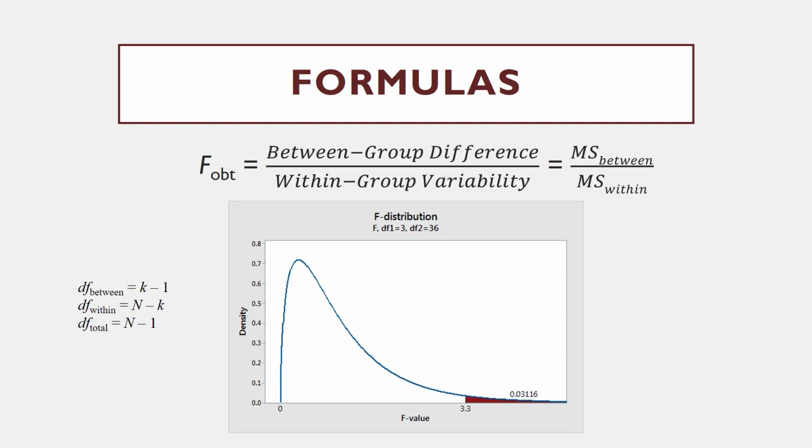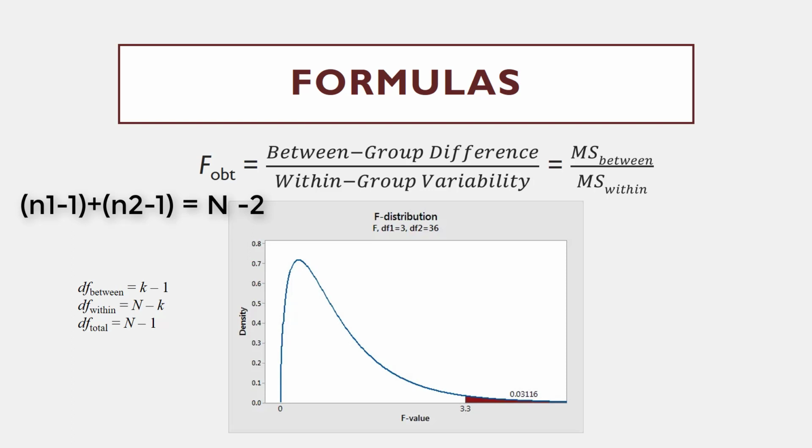Now these formulas are consistent with what we've seen before. Whenever we were doing the independent samples t-test, it was n1 minus 1 plus n2 minus 1. And I said that basically you could abbreviate or restructure that as big N minus 2. Well, how many groups did we have in an independent samples? It's always 2.